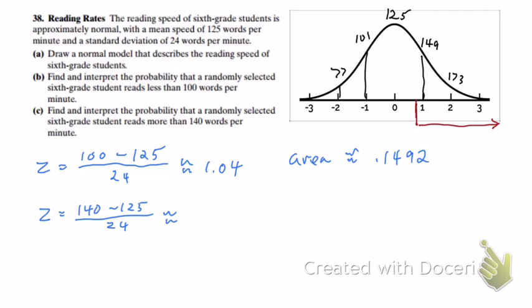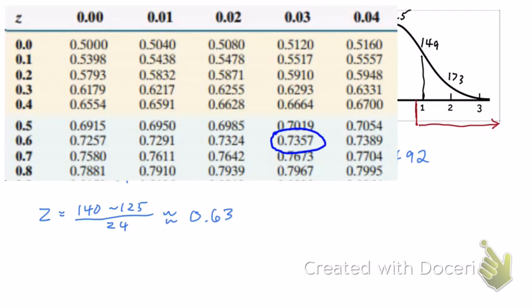What are we getting? This is kind of interesting. Divided by 24.625. So 0.63, rounded off. So I look in the table, 0.7357.